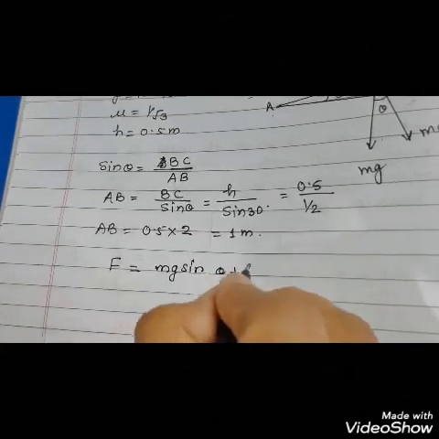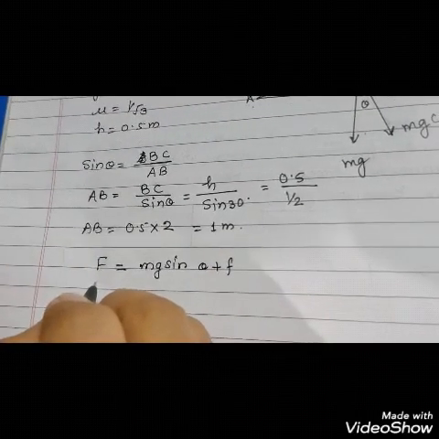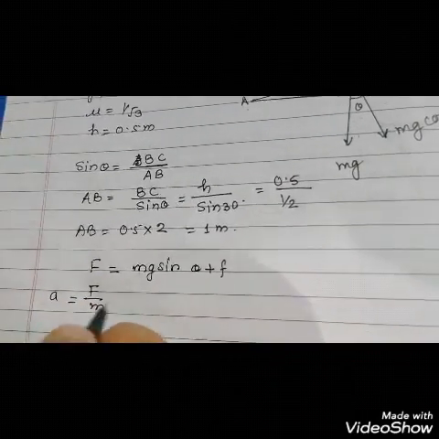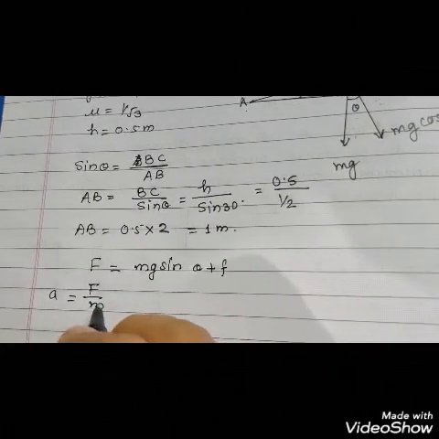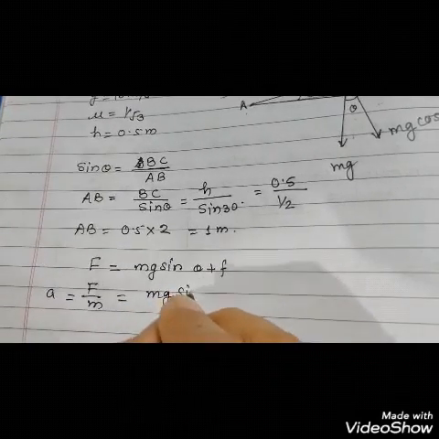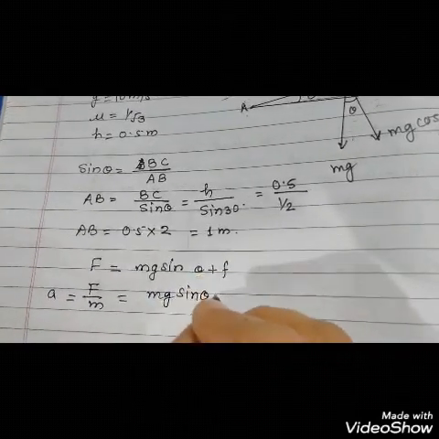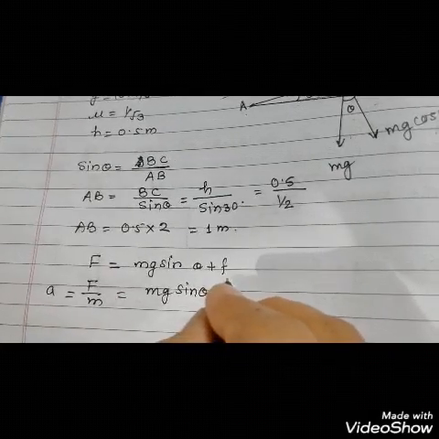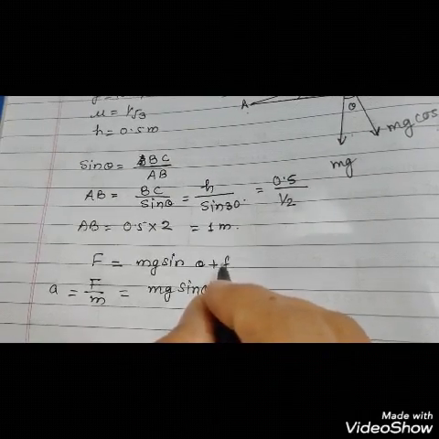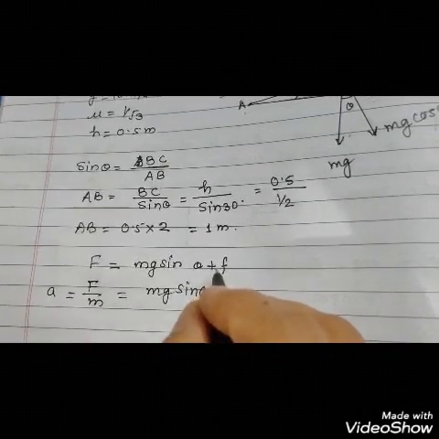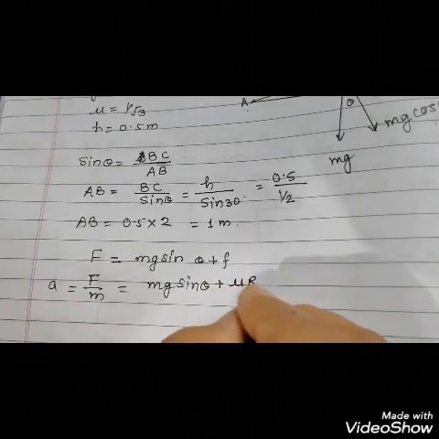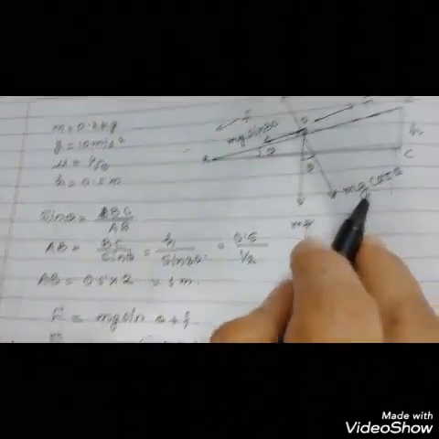Or we can say that F upon m is the acceleration produced. So the acceleration is equal to F upon m, that is mg sin theta plus the force of friction f. We write f as mu R, and R is equal to mg cos theta.